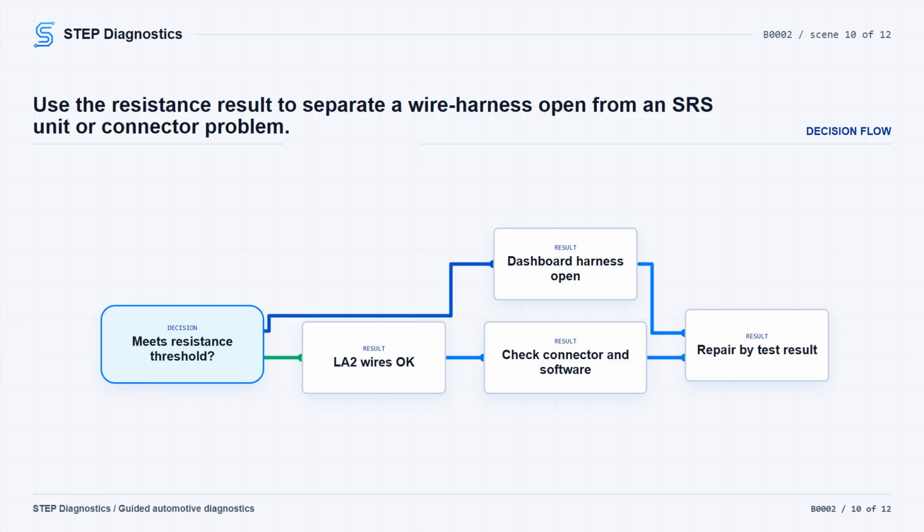If the connection is okay and the test path still supports it, replace the SRS unit. If the code still does not clear after that, replace the dashboard wire harness. If the resistance is not 1.0 ohms or less, the diagnostic call is an open in the dashboard wire harness. Replace the dashboard wire harness, then clear the code.